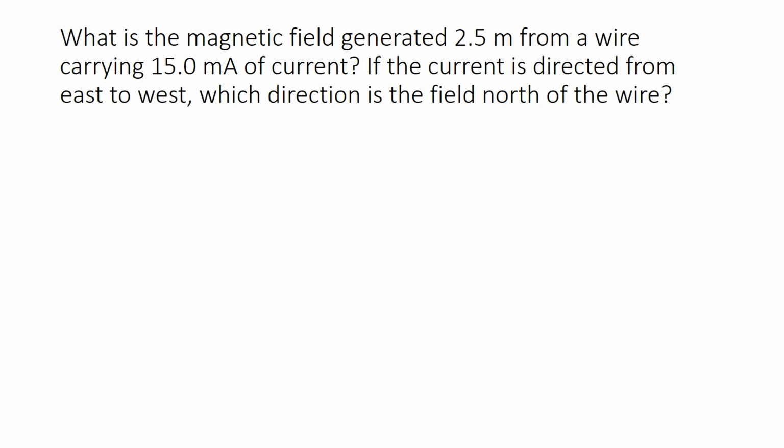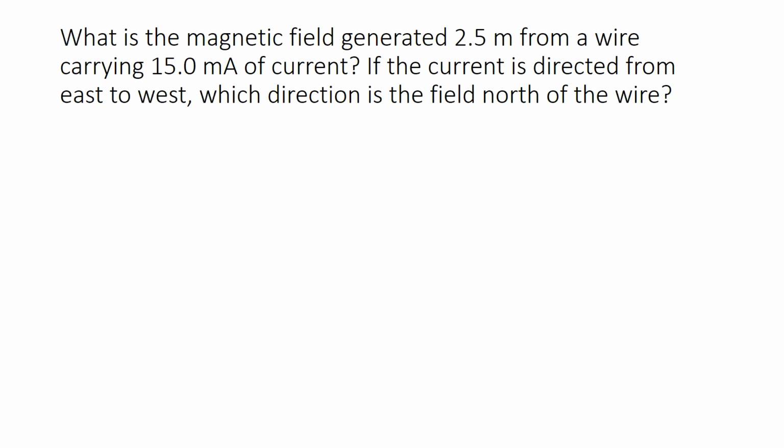All right. So what is the magnetic field generated 2.5 meters from a wire carrying 15 milliamps of current? If the current is directed east to west, which direction is the field? North of the wire?